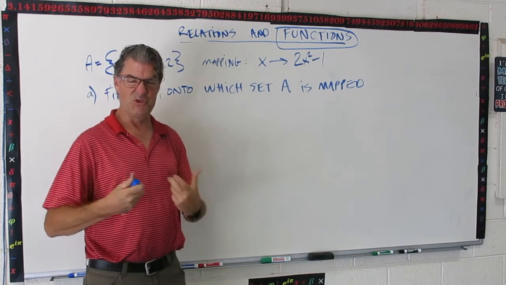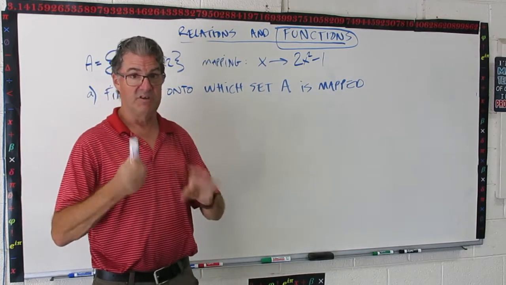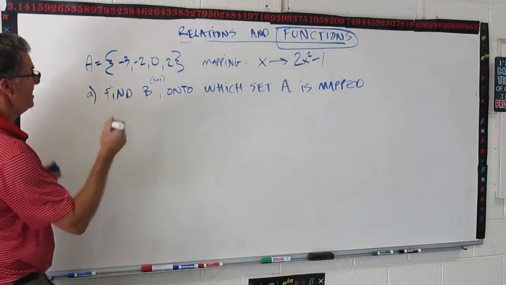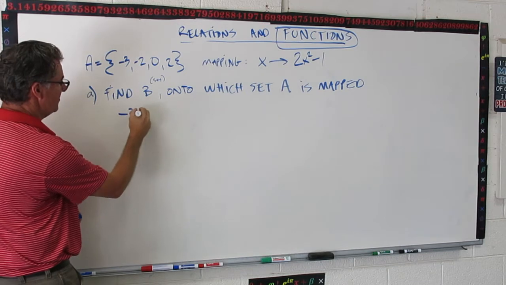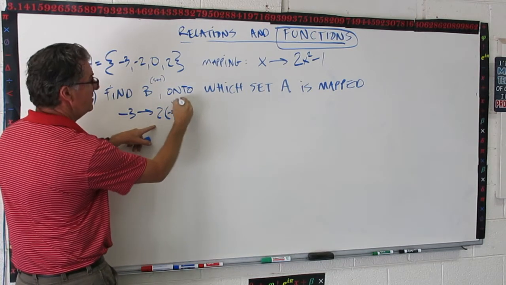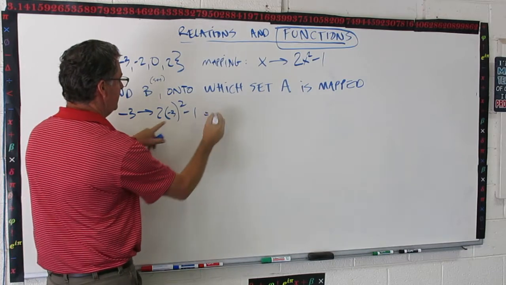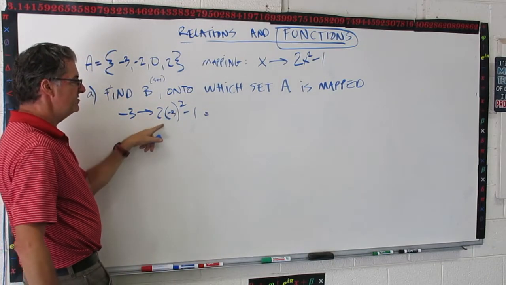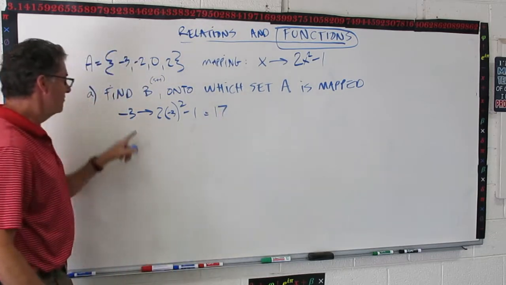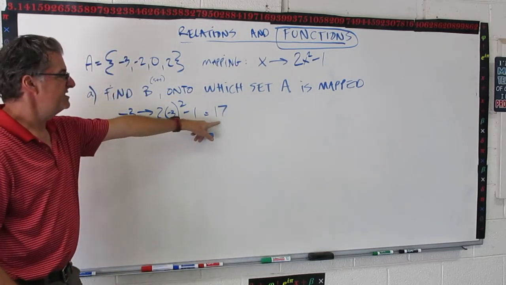Okay, so let's do that. I'm going to walk through one, and then I want you to pause the video and finish it off. So to get 3, we do -3. To get it, I'm going to do 2 times -3 squared minus 1. -3 squared is 9 times 2 is 18, minus 1 is 17. So -3 maps to 17.